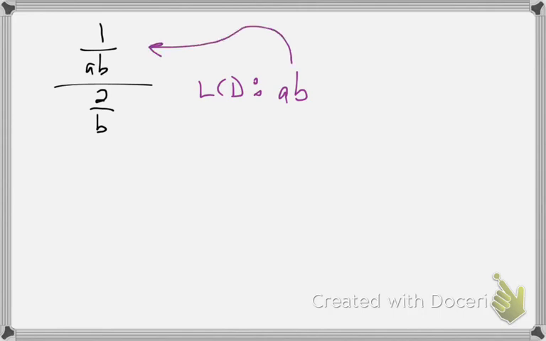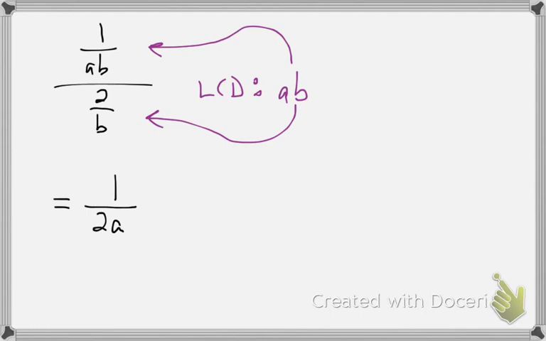So I'll multiply the top and bottom of the main fraction bar. As long as I multiply the top and the bottom of a fraction by the same thing, it's okay, right? What happens when I multiply AB into the top? Yeah, it cancels out to just 1. What happens when I multiply AB into the bottom?